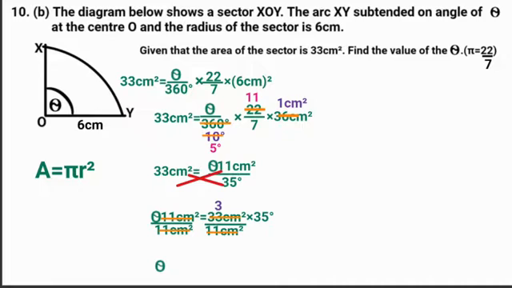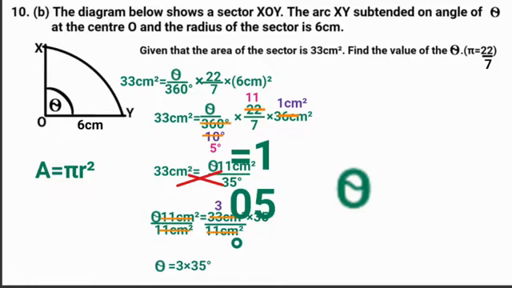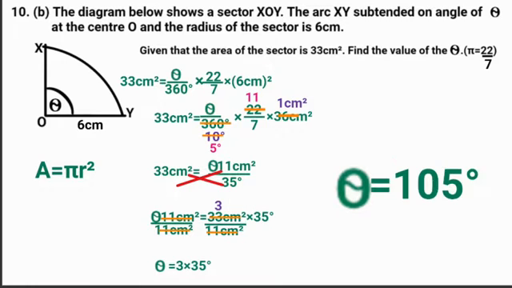After that, I'm going to divide 3 by 1, which will give me 3. Then 3 times 35 is what I will write. Now once I've done that, I'm going to write theta there. Then I'm going to multiply 3 by 35 degrees, which will give me 105 degrees.